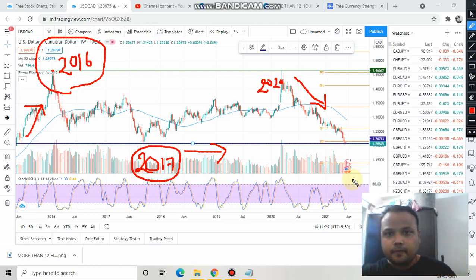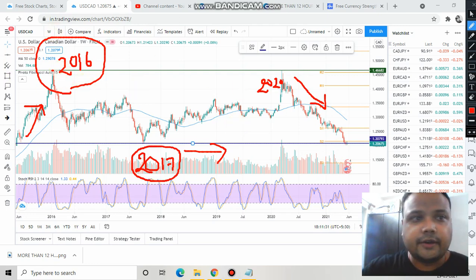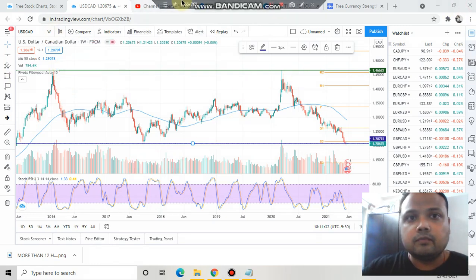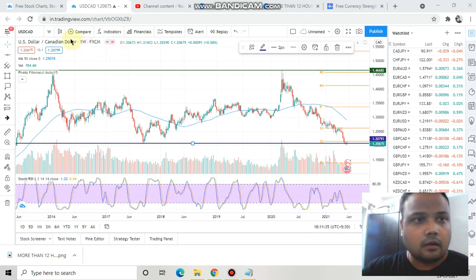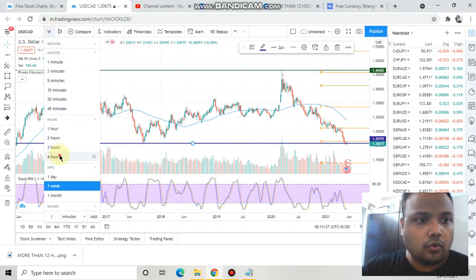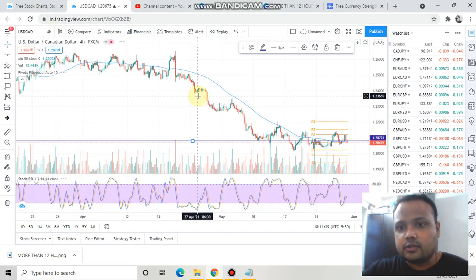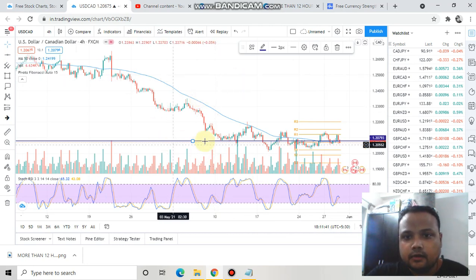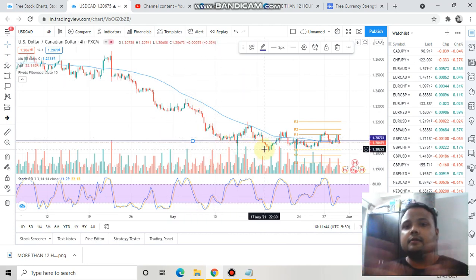So this is the overall scenario. Let's switch to the 4 hours time frame then. This is the overall support level, and right now we can see that market is at the support level, and market is in a very narrow range.